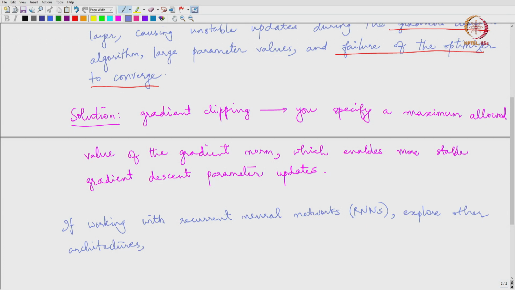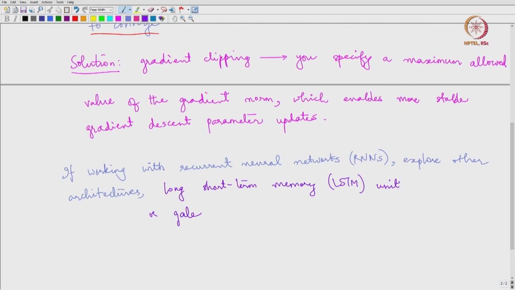So, instead of the vanilla RNNs, you can use either the long short term memory, LSTM unit, or the gated recurrent unit, GRU, instead of the plain or vanilla recurrent neural network, and this could also solve the exploding gradients problem.